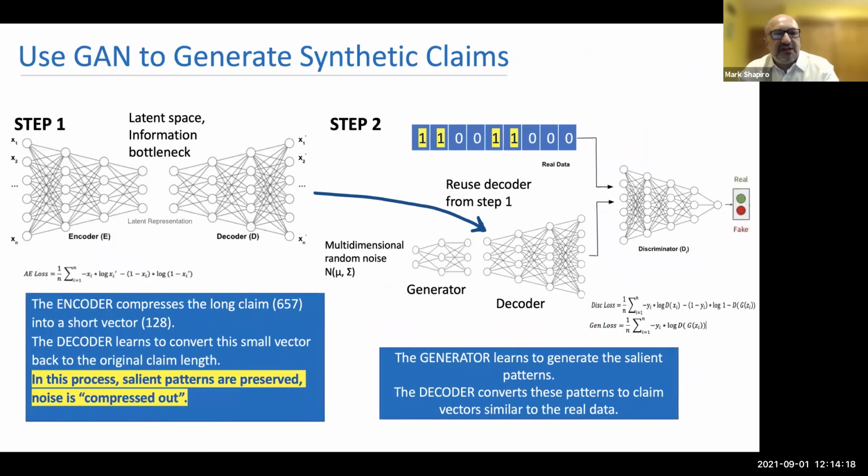So, some details on the approach that we used. We used an autoencoder first, in step 1. There we trained the encoder and decoder, and in particular the decoder. The trained decoder was then reused in step 2, in which it became part of the overall generator network.